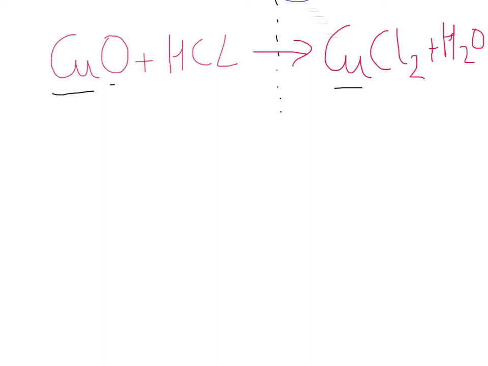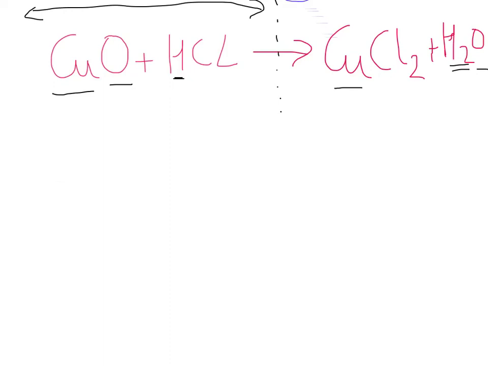We have 1 oxygen on the left side completely, and left side being this whole region here. And we have 1 oxygen right at the end here over on the right. On the left hand side we have 1 hydrogen, but on the right here we have 2.